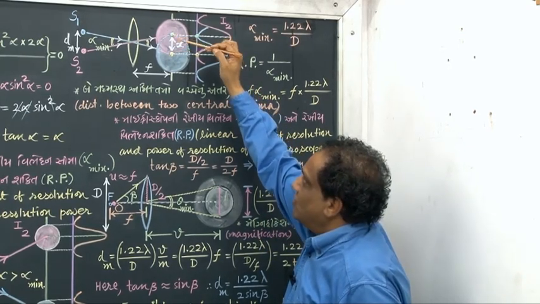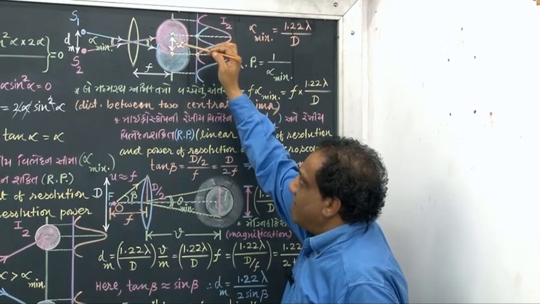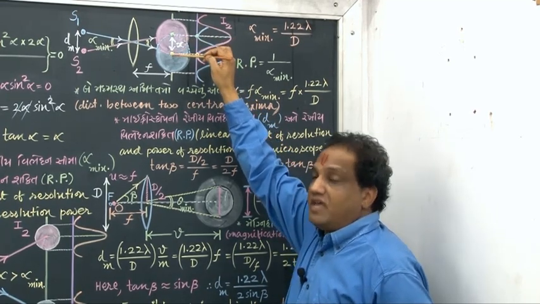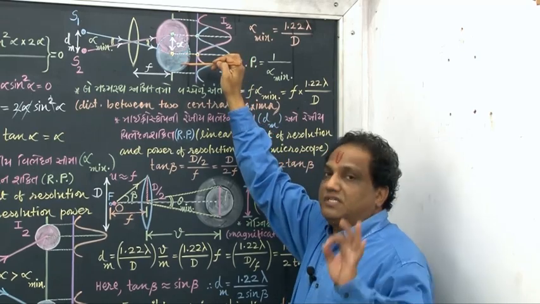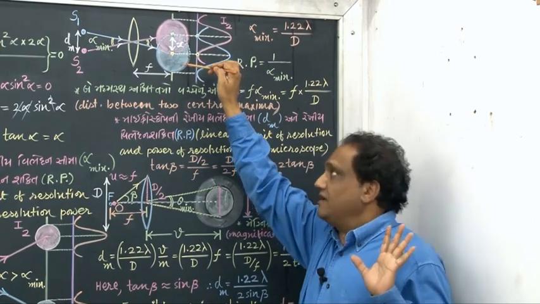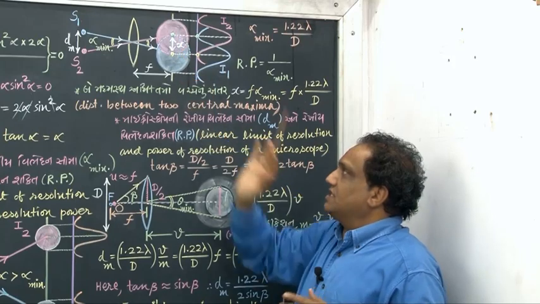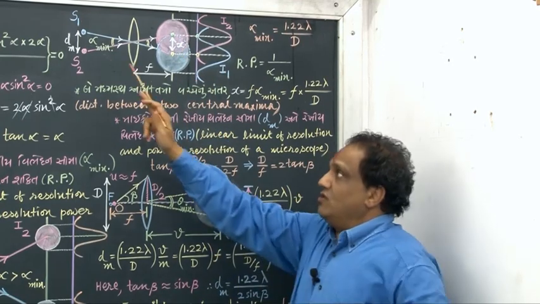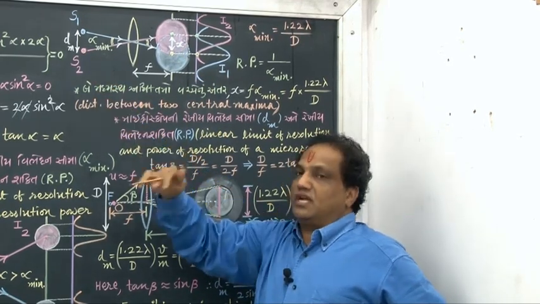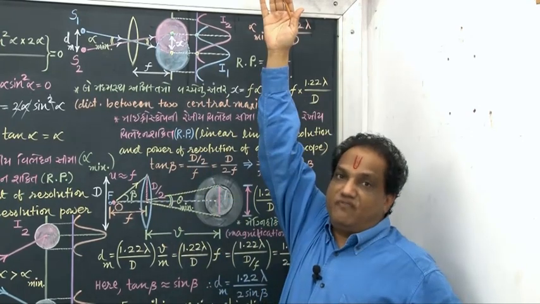Now tell me, in the figure, what is this distance x? X is the distance between two central maxima, when images are just separated. So let us find out this distance x now. When you are talking about stars, stars are those objects which are lying very far.